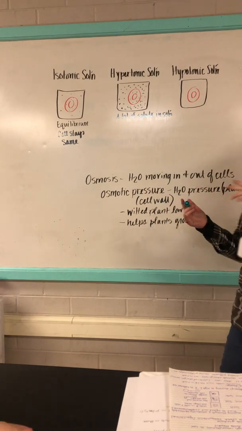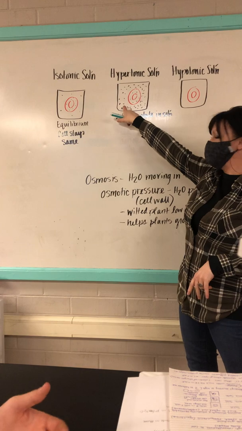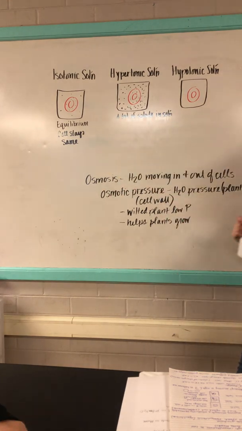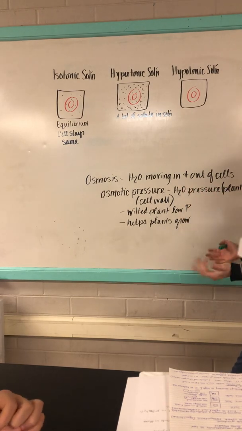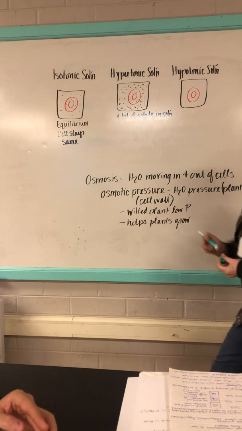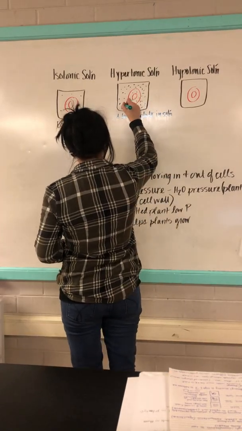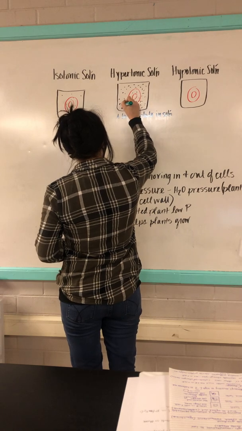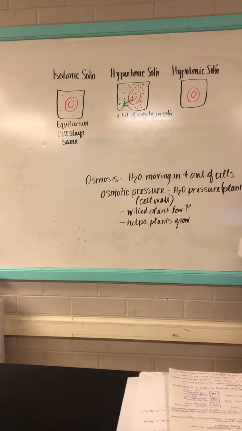So basically what the water's trying to do is trying to balance out this highly concentrated salt water. So it's going to start giving just plain water molecules, trying to balance out that solute to solvent ratio. So since there's a lot of solute here and not a lot in the red blood cell, water's going to move out of the red blood cell into the solution. So water's going to leave the cell.